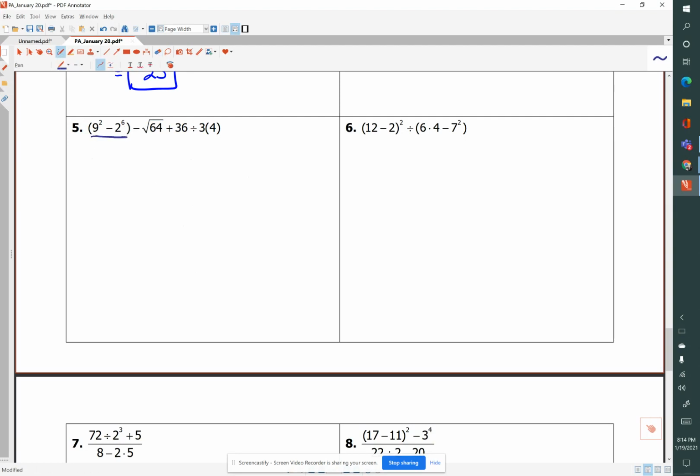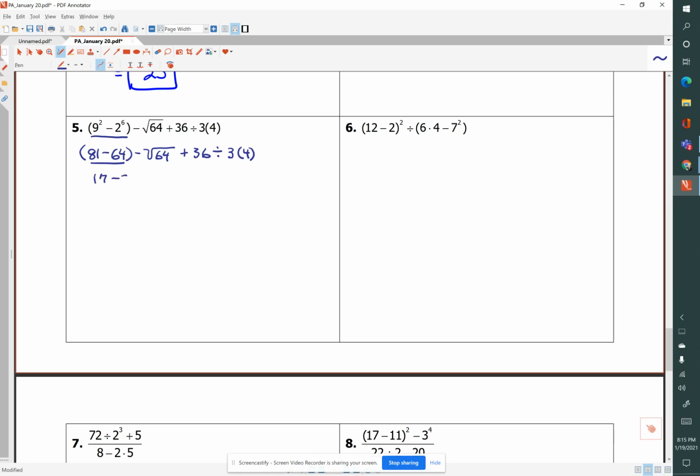So start inside the grouping symbol. 9 times 9, or 9 squared, is 81, minus 2 to the 6th power, which is 2 times 2 times 2 times 2 times 2 times 2, which is 64, minus the square root of 64, plus 36 divided by 3 times 4. 81 minus 64, we'll start there, is 17.